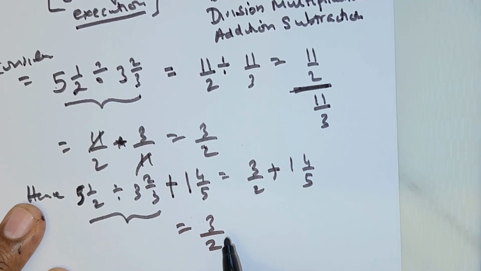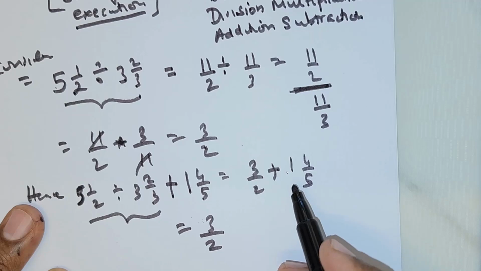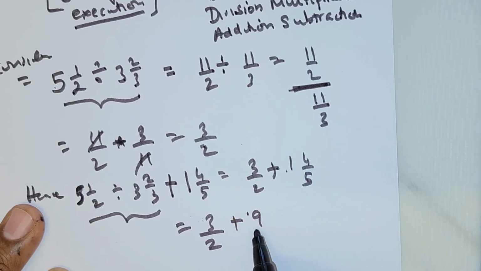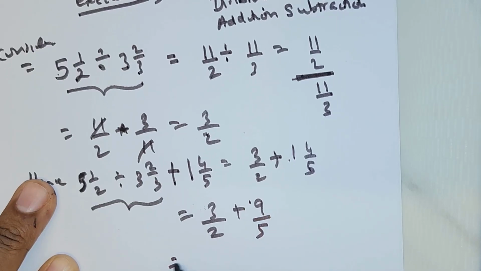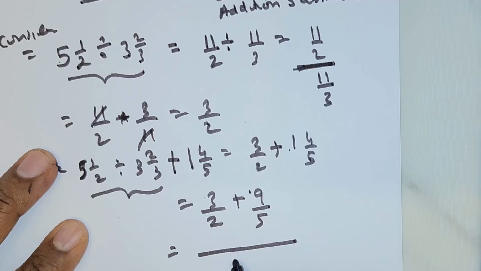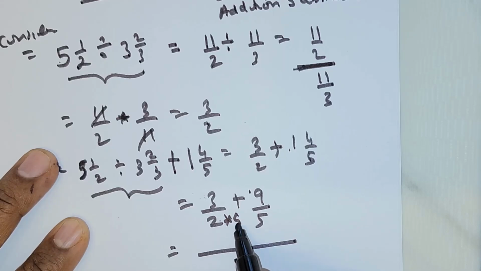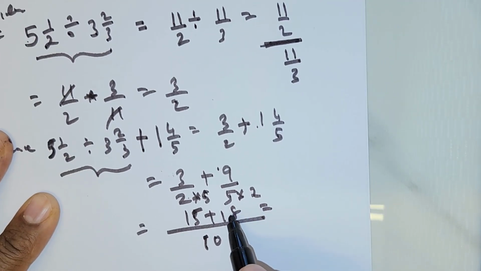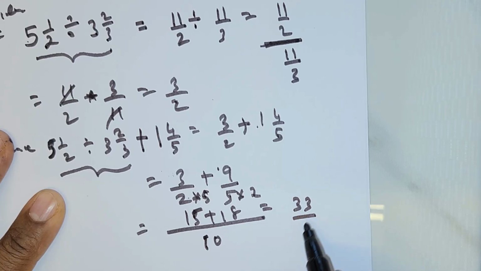This can be rewritten as 3 over 2 plus 5 times 1 is 5, 5 added with 4 is 9 over 5. Now we need to get the LCM. The LCM for 2 and 5 is 10. 2 divides 10 5 times, 5 times 3 is 15. 5 divides 10 2 times, 2 times 9 is 18. Now 18 added with 15 gives me 33 over 10.